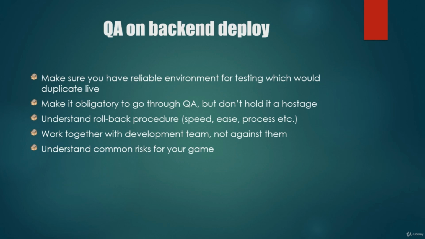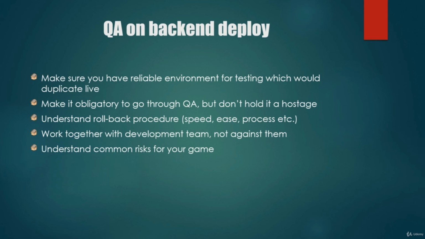Every team which works in live ops should have what we call a rollback procedure. That means that if something is seriously wrong with your update, and if it goes to the live environment and it breaks something, we actually have a procedure in place where we can instantly or almost instantly remove that update from the live environment and replace it with the previous version that is proven to work.